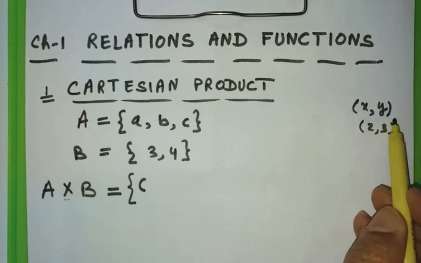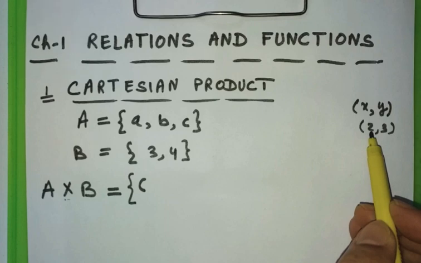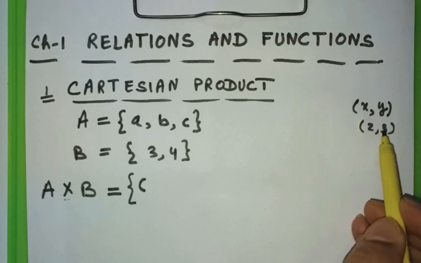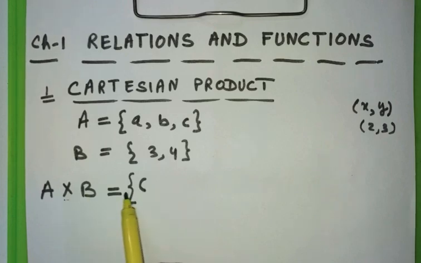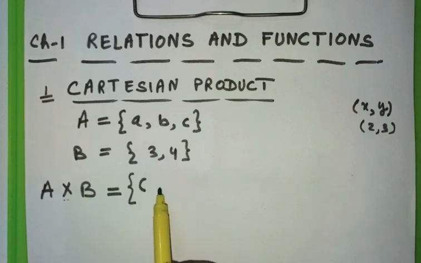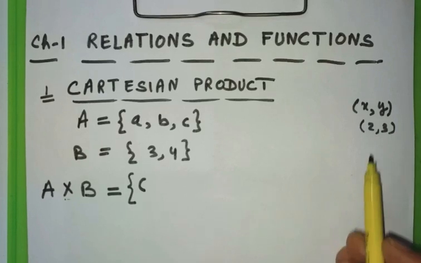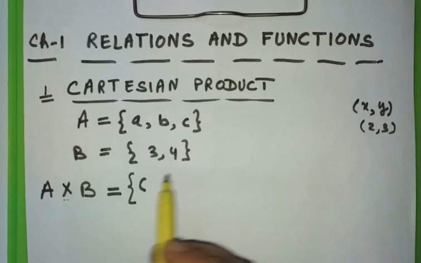This is an ordered pair where 2 lies on the x axis and 3 lies on the y axis. Although the Cartesian product has no relation with coordinate geometry, the notation is the same.